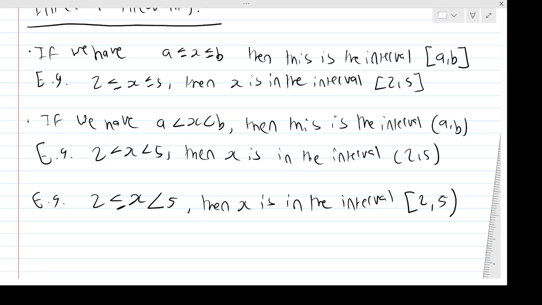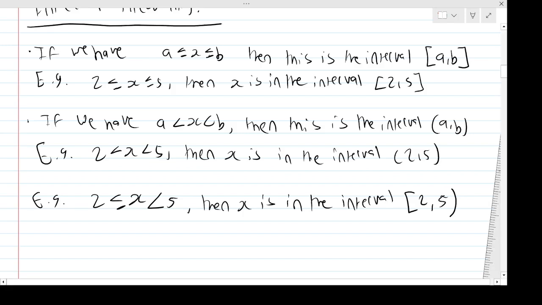So you can see the idea that a round bracket is a strict inequality and the square bracket is an inclusive inequality. So we include 2, so it's a square bracket at the 2, and it excludes 5, so it's a round bracket at 5, okay? So hopefully the core idea is that round brackets exclude it and square brackets include it, okay?